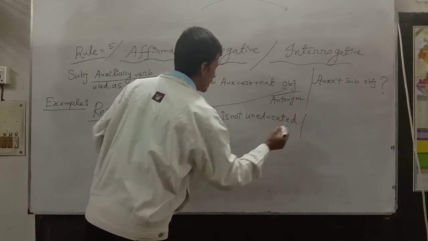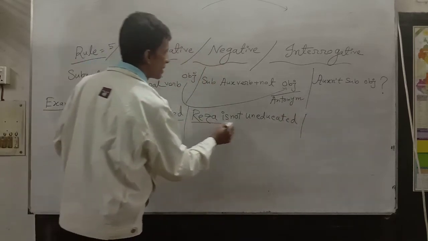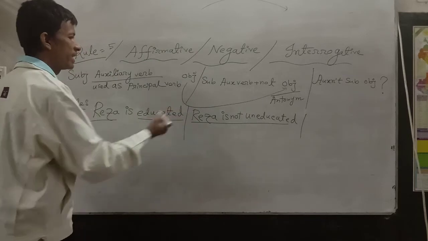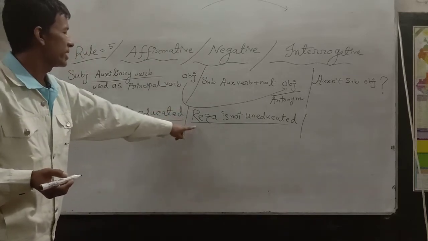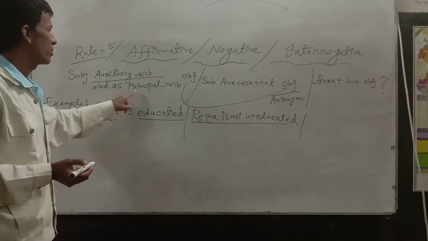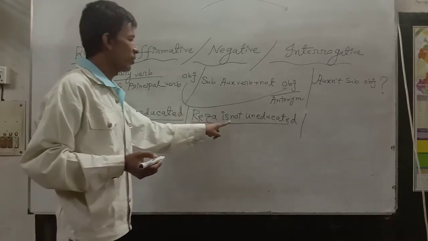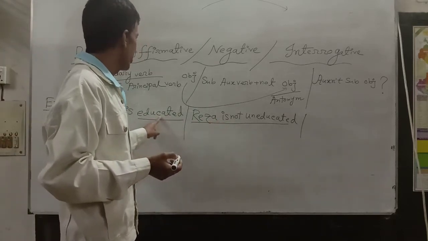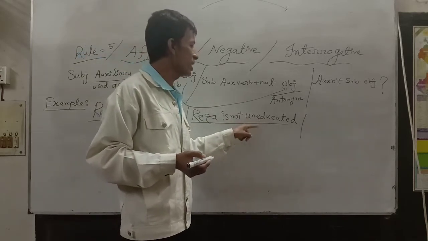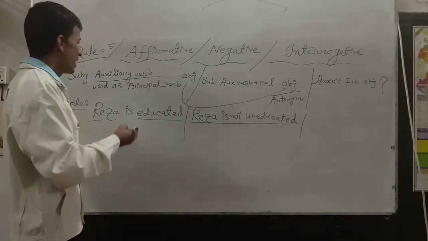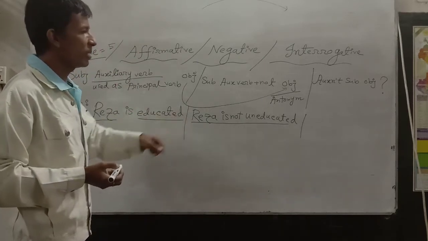This is the example of a negative sentence. Now compare these two sentences. Reza remains unchanged. The auxiliary verb used as principal verb has been added with not, and at last educated is transferred into uneducated. This kind of antonym will maintain the sentence without change of meaning.